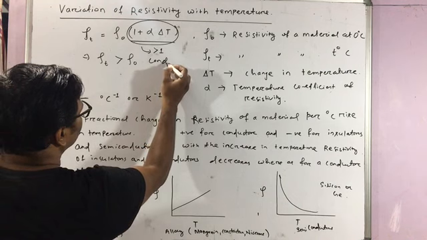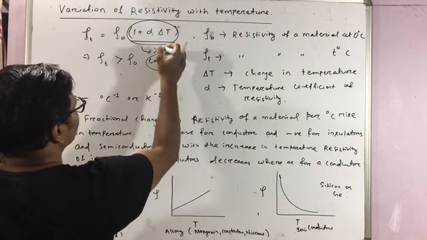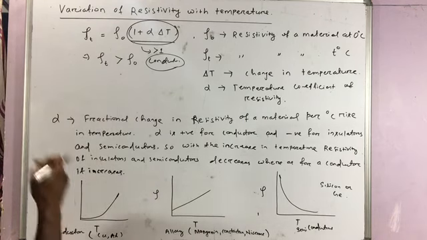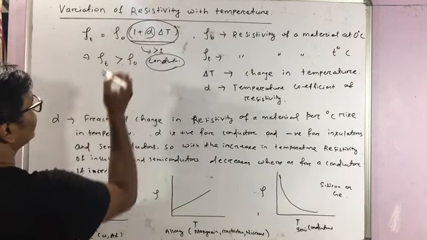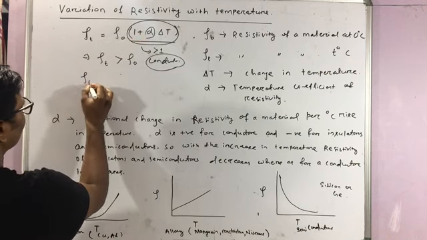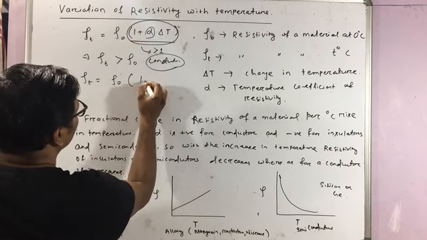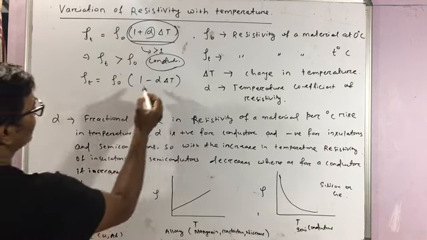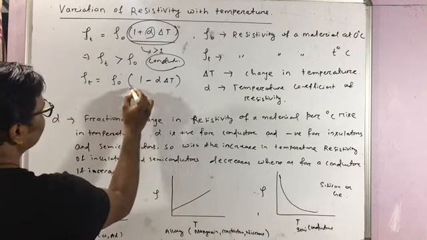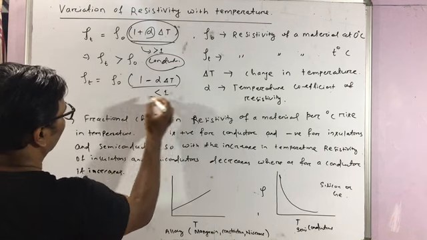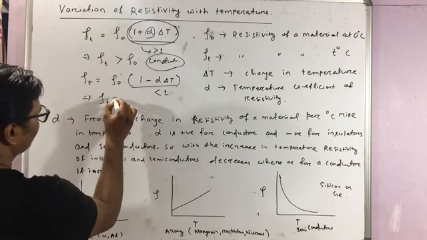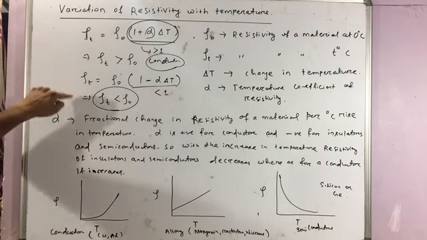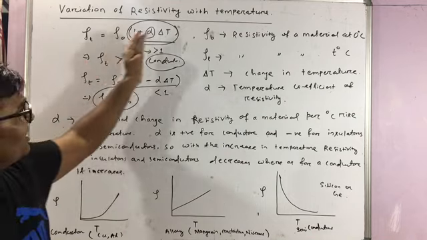For semiconductors and insulators alpha is negative, so rho T is equal to rho 0 into 1 minus alpha delta T. This term is less than 1, which implies rho T is less than rho 0.